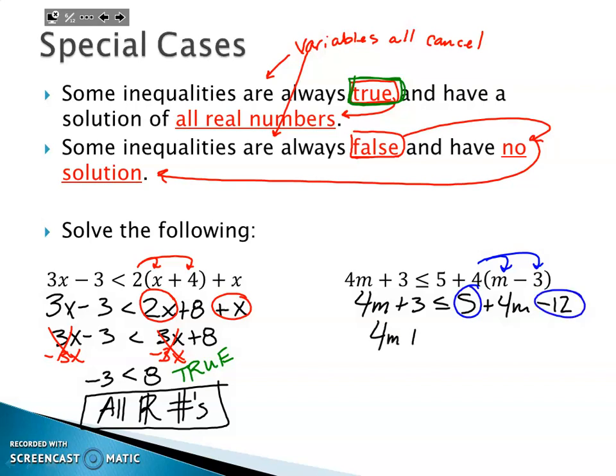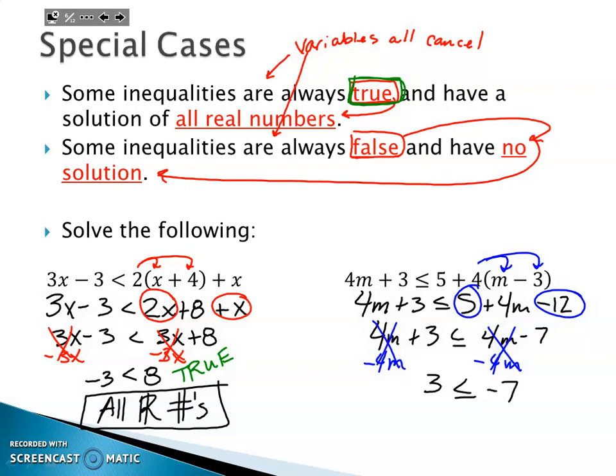I've got 4m plus 3 less than or equal to 4m minus 7. Again, you might be able to see what's coming here. Subtract 4m, those cancel. I've got to do the same thing on this side. Oh shoot, those cancel too. I get 3 less than or equal to negative 7.